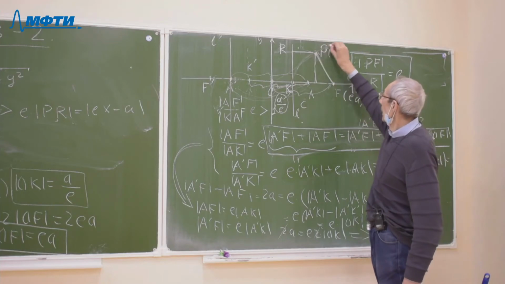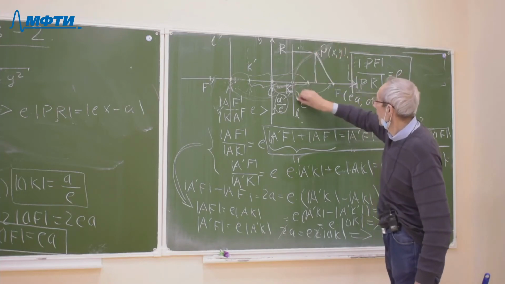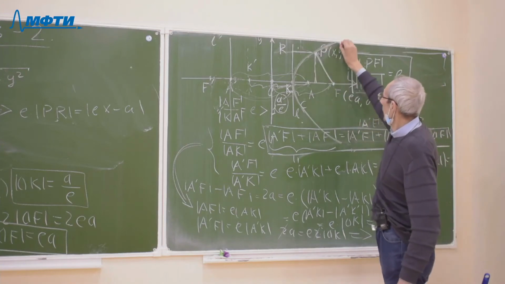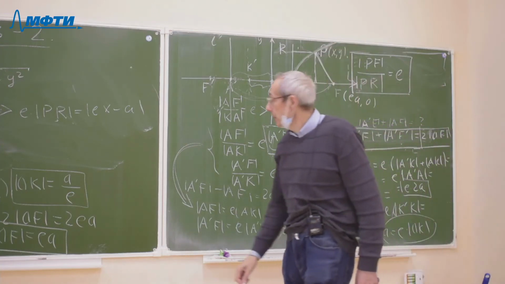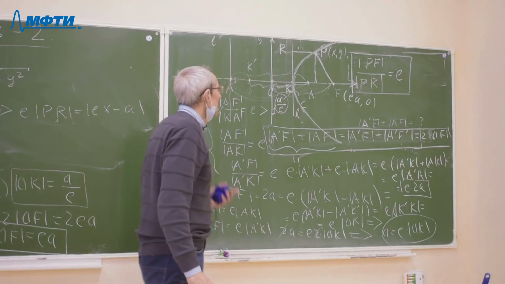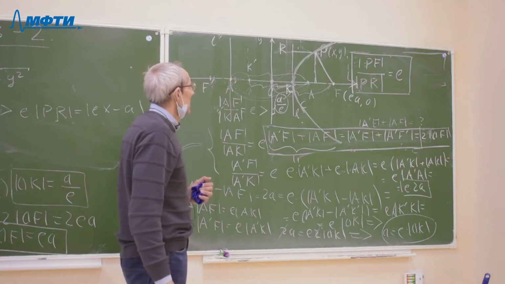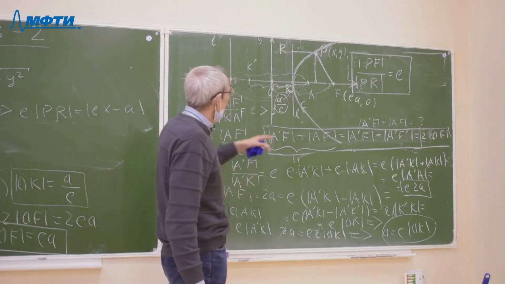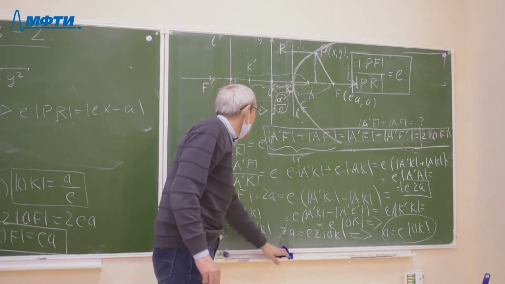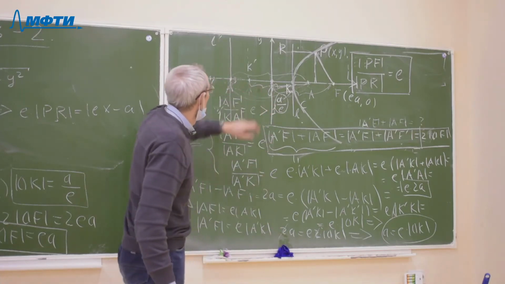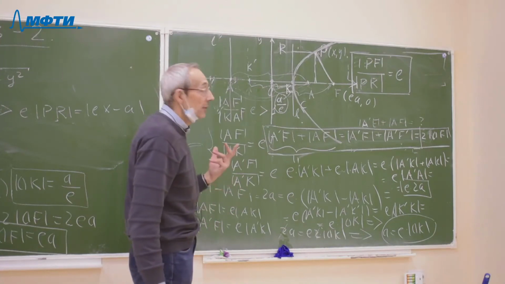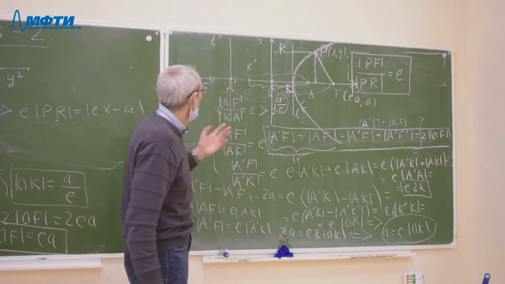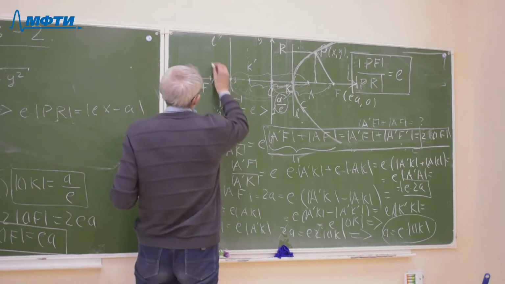And we have exactly such a curve. The curve is symmetric onto point O, and we have two branches of our curve, this right branch and the left branch.